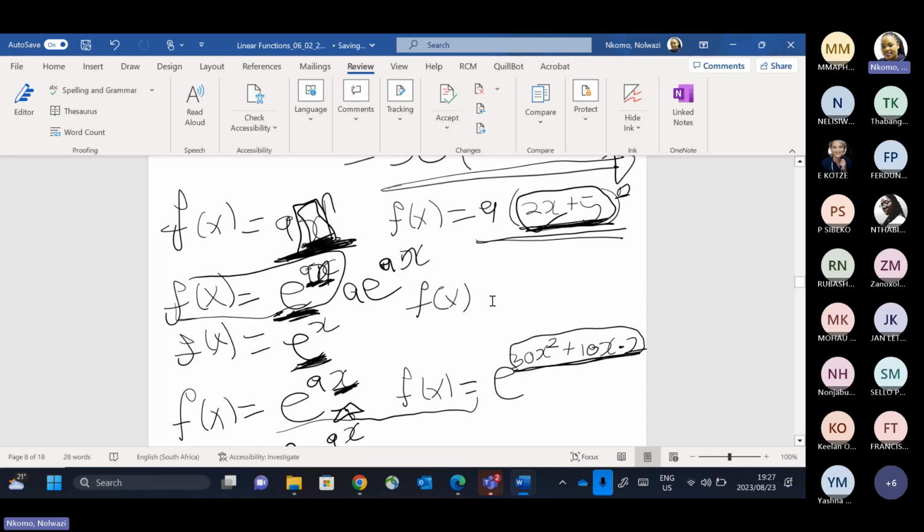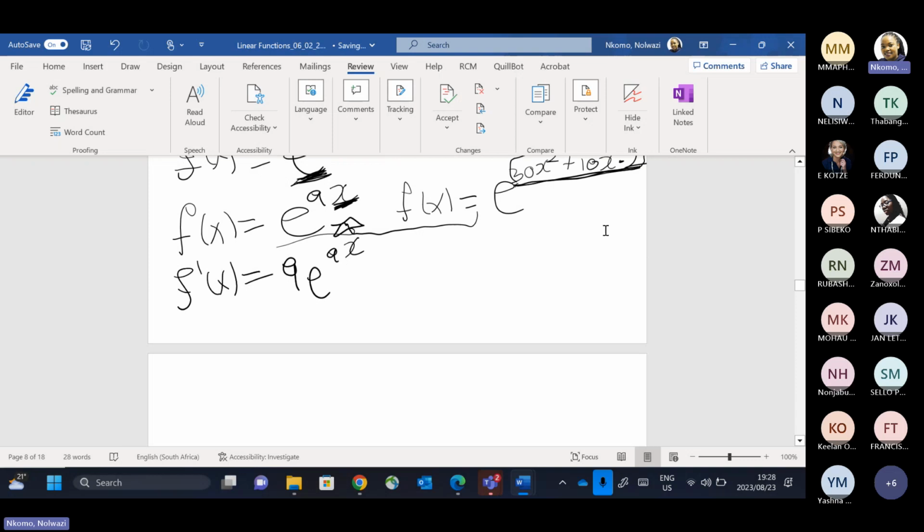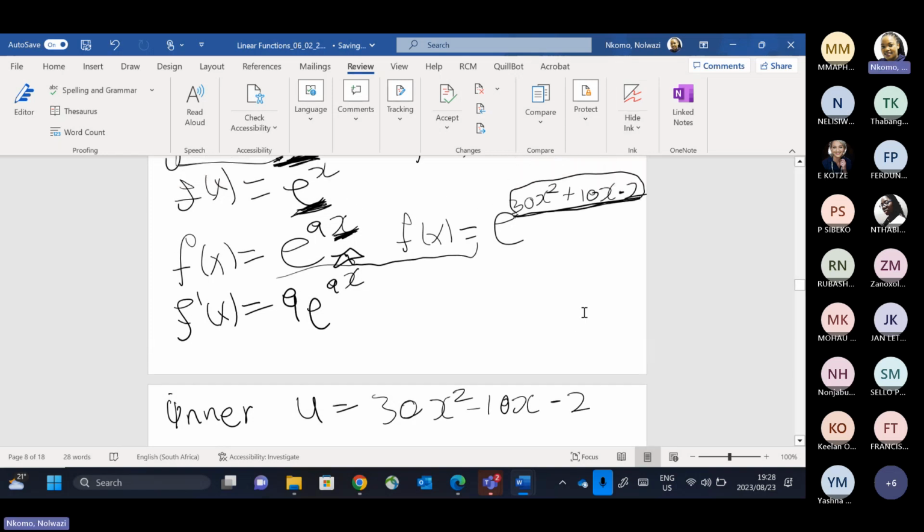Again, here, your inner function would be that function that is in terms of x when you return the given function to the original function, right? So this means our inner function, which is u, will be 30x squared plus 10x minus 2.